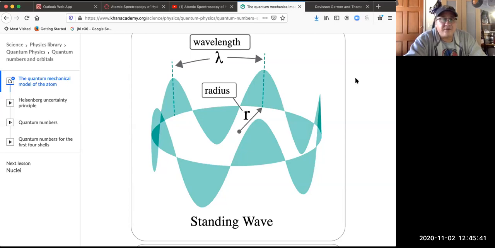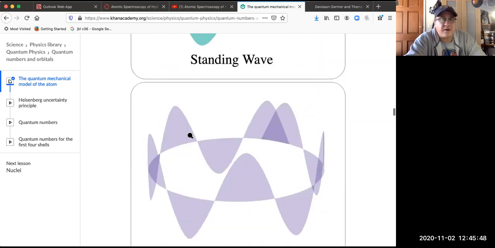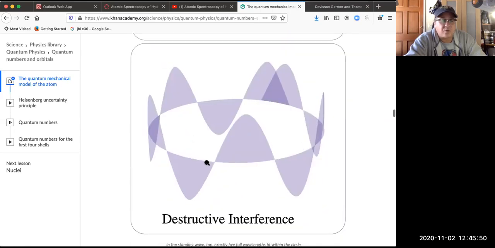Now, here, this wavelength works. And here's an example of one where the standing wave doesn't work. The wavelength is not the correct length, and it ends up being destructive. So it's not a solution for the problem. Okay? All right.